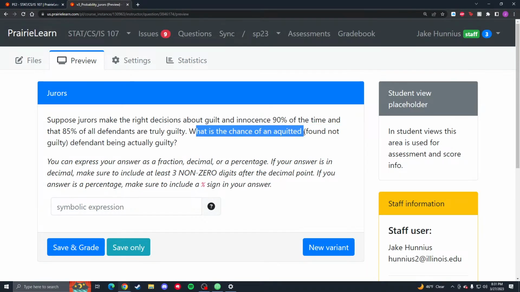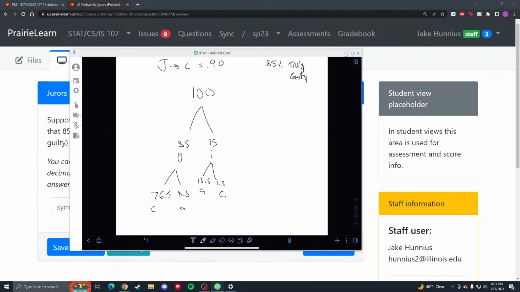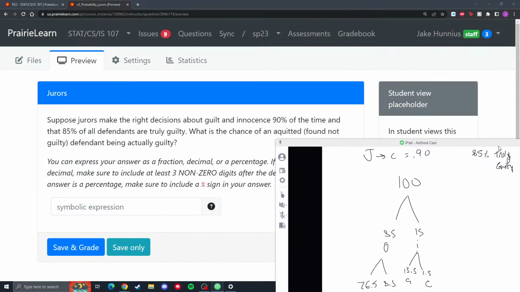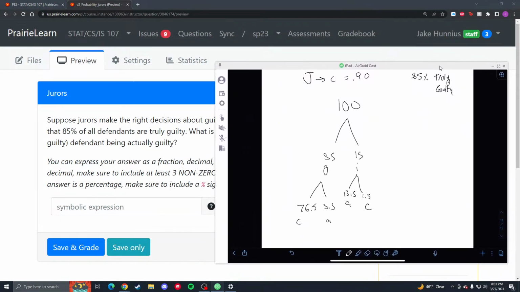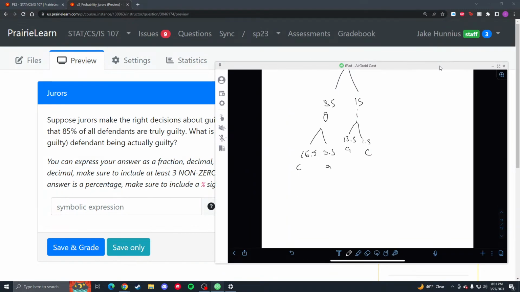What is the chance of an acquitted person, somebody found not guilty, being actually guilty? So we're looking for acquitted. Of our people who are acquitted, we have 13.5 plus 8.5, so that's 22 people.